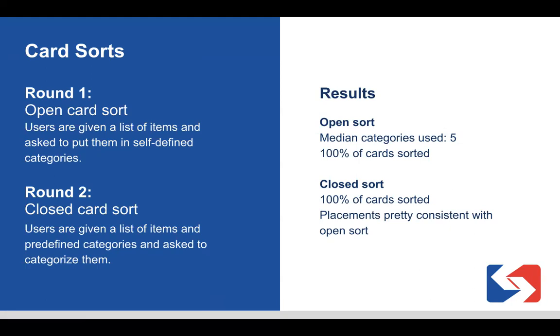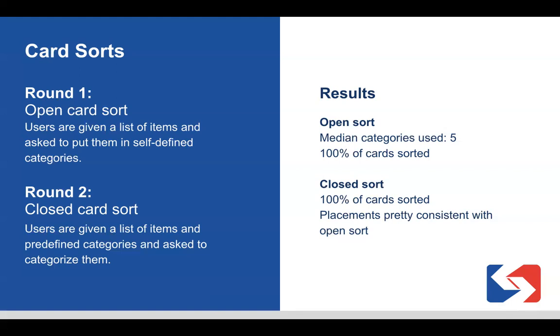The second round was a closed card sort, and I analyzed the results of the open card sort to see what categories people were defining and how many there were, and that informed the options.